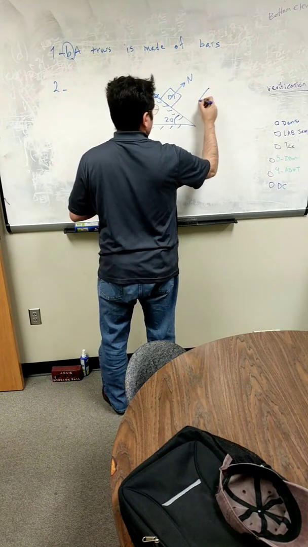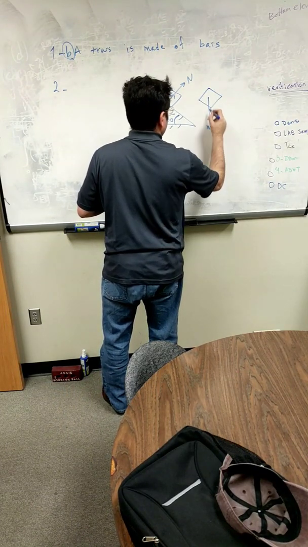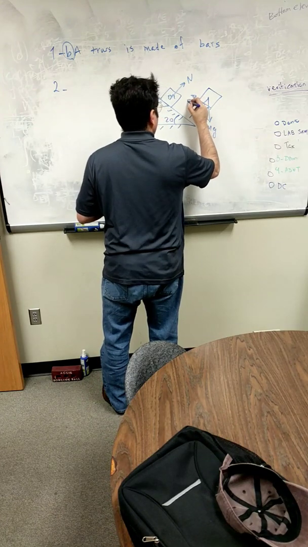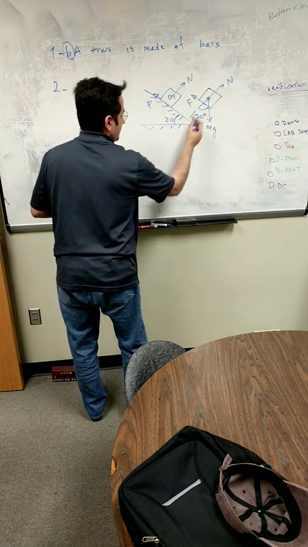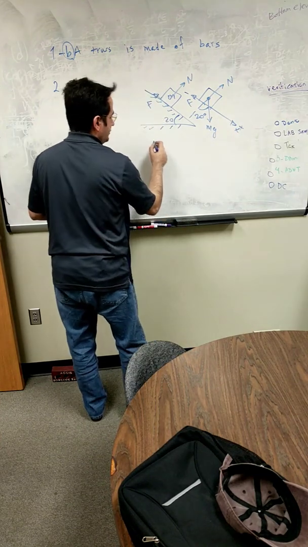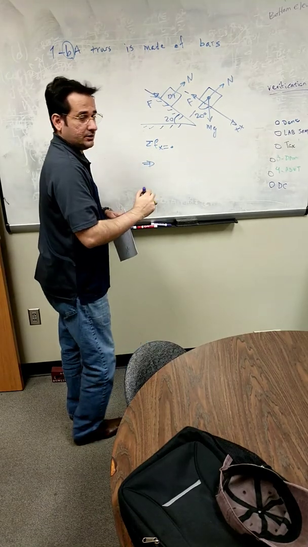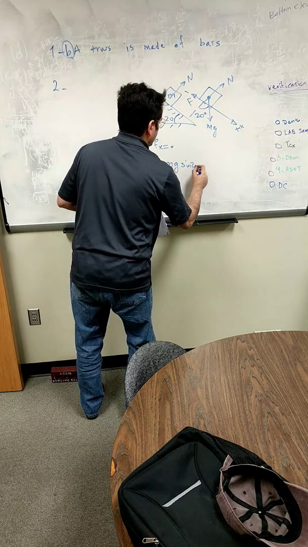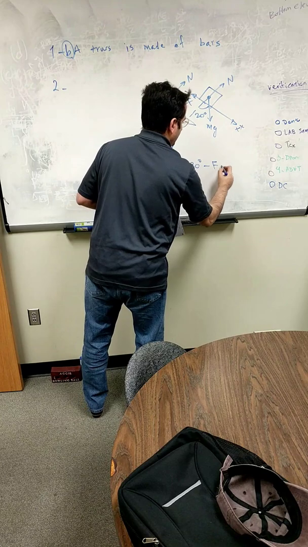Obviously, if we draw a figure for that, you have mg, and this is 20 degrees, F and N, so you get the summation of forces in x equal to 0. Then you get mg sine 20 minus F is equal to 0.